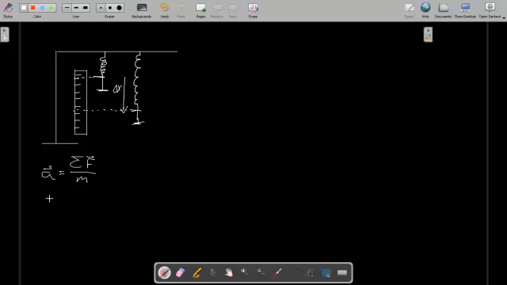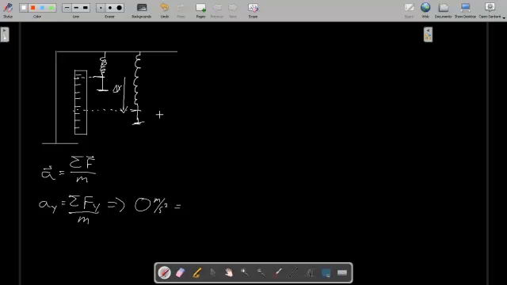You know that's obviously 0. So we've got a_y equals the sum of the forces in the y direction over m. We know that a_y, once it's done stretching, is actually 0, right?